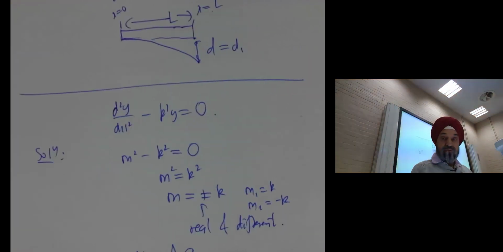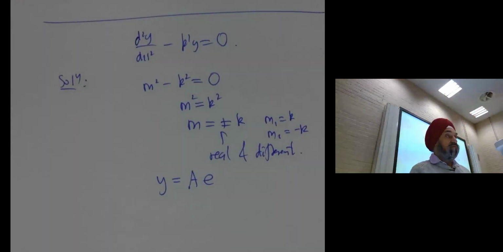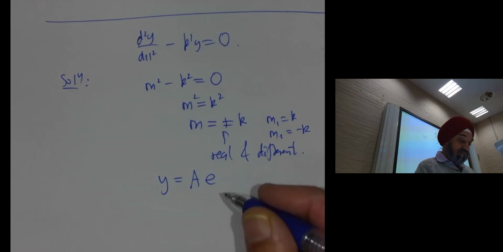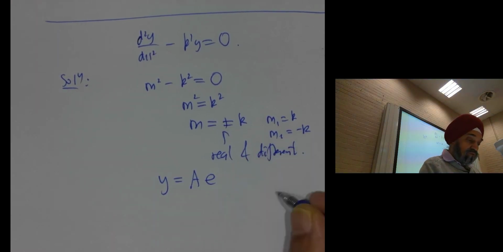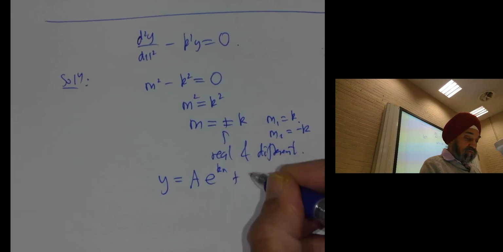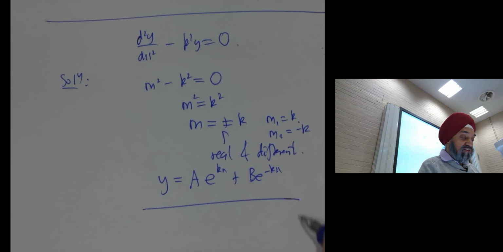You can't see, please shout. What do we have? We say it's real and different, so go on, Henry. A e to the k x, plus B e to the minus k x.